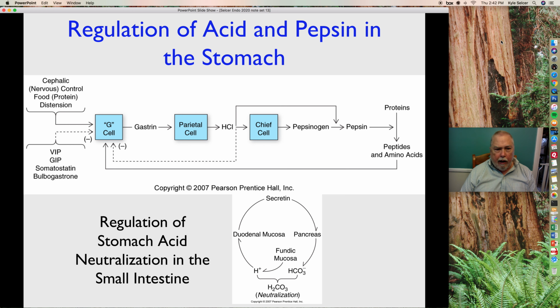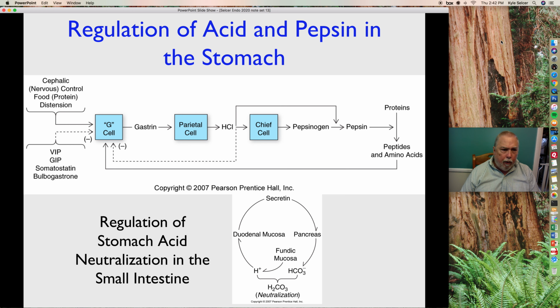The hydrochloric acid or gastrin, or a combination of the two, stimulate chief cells to produce pepsinogen. The acid cleaves the pepsinogen into pepsin, and the pepsin goes to break down proteins, peptides, and amino acids. The peptides and amino acids early on have a positive feedback on the gastrin cells, causing them to make more. But at higher levels, they have negative feedback.